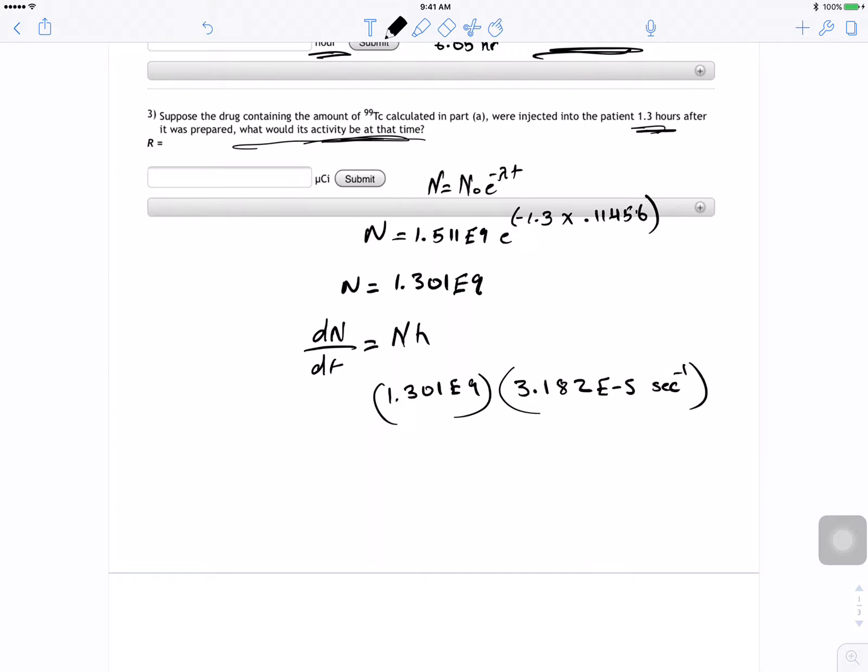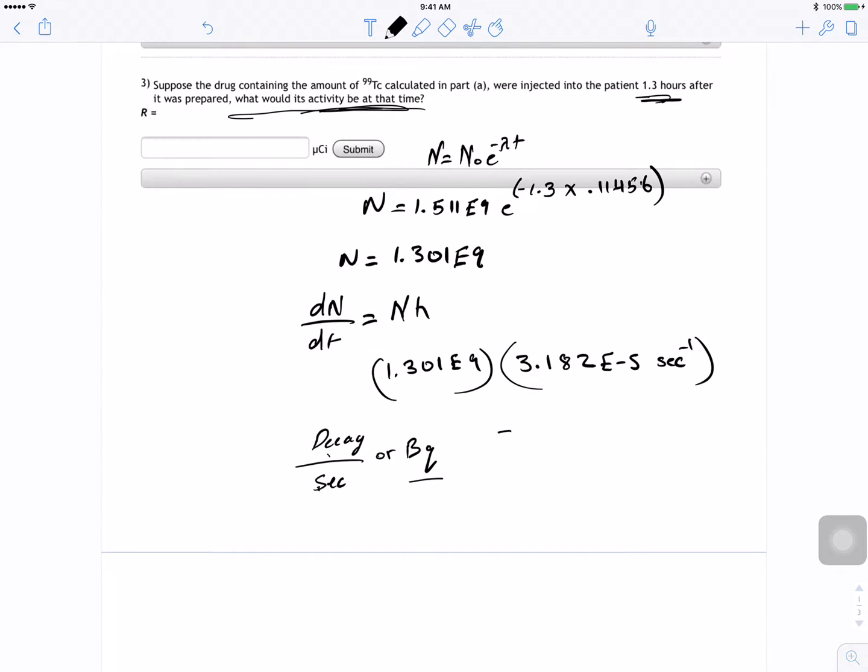I use this decay constant because I want it in decay per second, or the BQ, because the BQ is decay per second, so we need to use the second to the power negative 1. Cool. So for this one I got 41,426 BQ.